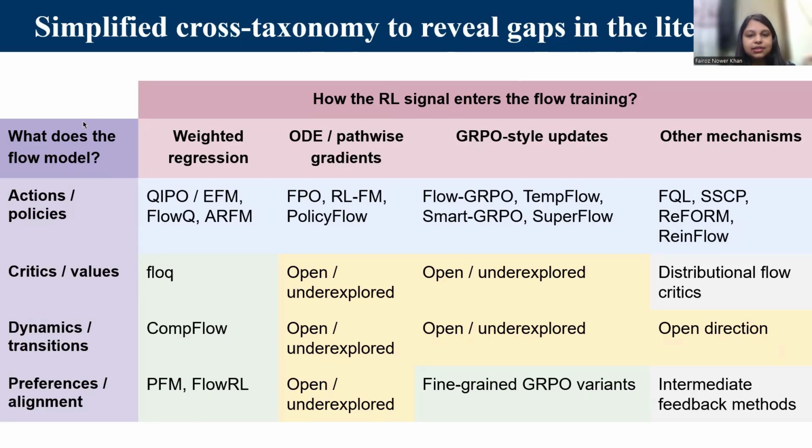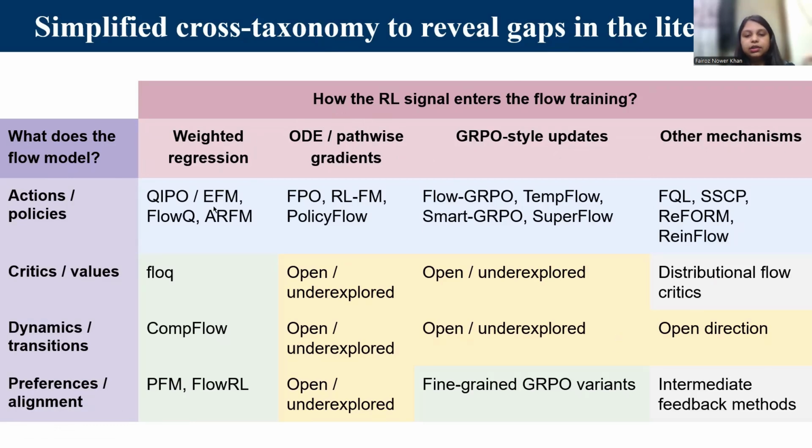The rows ask what object the flow model represents: actions, critics, dynamics, or preference. And the columns ask how the reinforcement learning signal enters the flow through weighted regression, pathwise gradients, GRPO style updates, or other mechanisms. This makes the research landscape easier to compare and also reveals gaps.